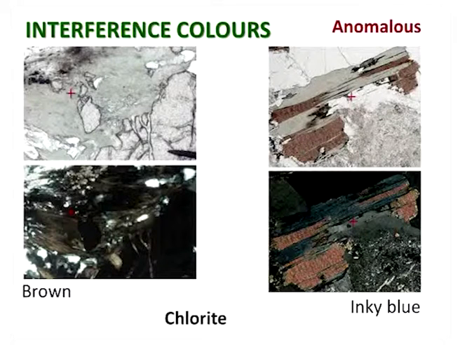So we've dealt with standard interference colours, but there are also a couple of minerals that show anomalous interference colours, which is very naughty of them. One of them is quite common, particularly in metamorphic rocks, and it is chlorite. So chlorite up here, these are plain polarised light views at the top and cross polars at the bottom. On the left-hand side, we've got metamorphic chlorite, a really kind of messy mass of very indistinct crystals.